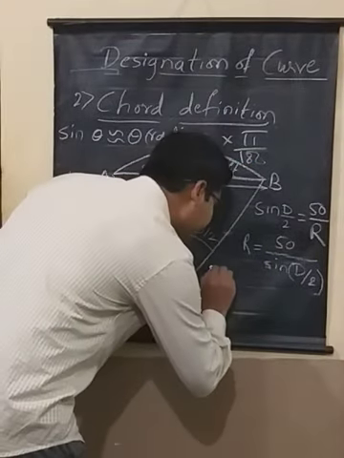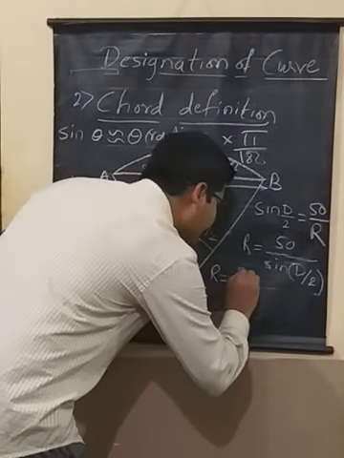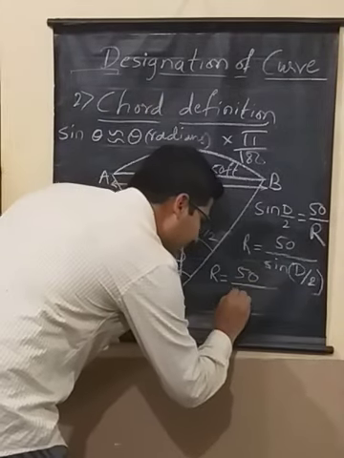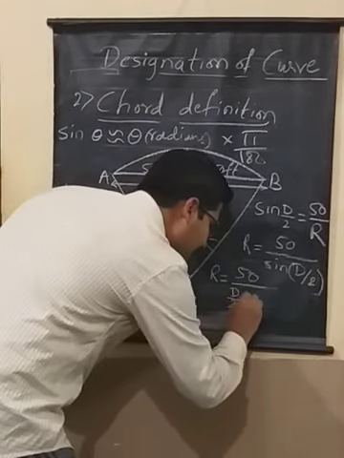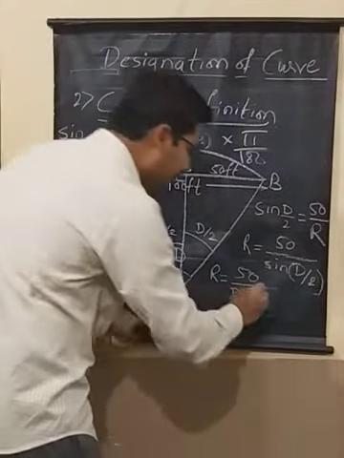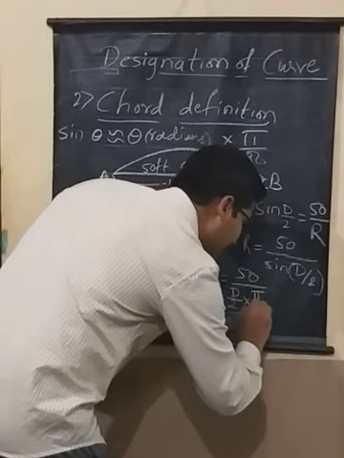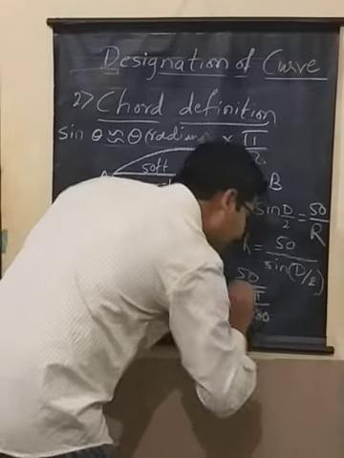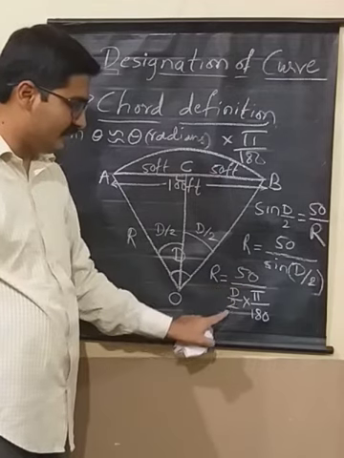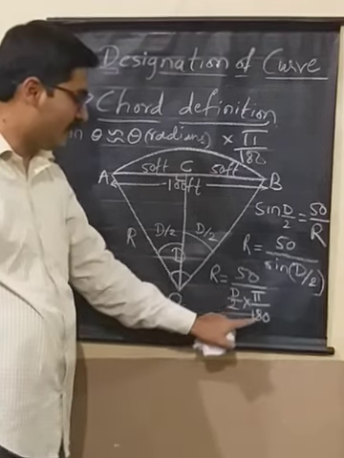So if I do that here, R will be equal to 50 divided by sine D by 2, which is D by 2 itself. Since it is in radians, if I have to convert this into degree, then I have to multiply it by pi by 180, isn't it? So now R is equal to 50 divided by D by 2 into pi by 180.